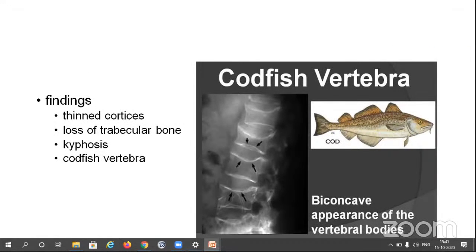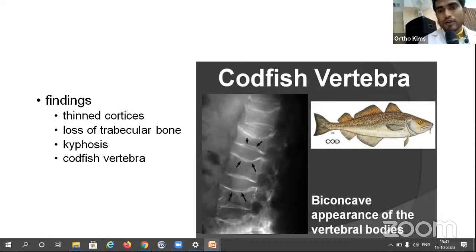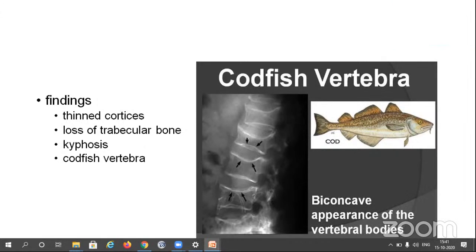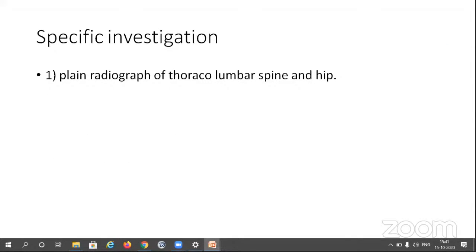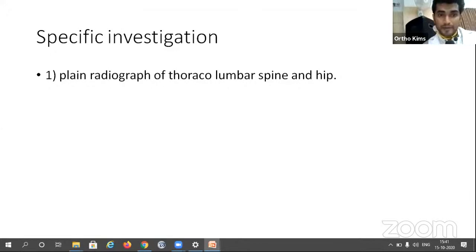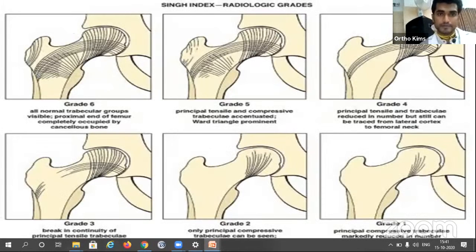Radiological findings in the vertebra: you can see codfish appearance, codfish vertebra, biconcave appearance of the vertebral body, thinned cortices, loss of trabecular bone, kyphosis. Specific investigations include plain radiograph of the thoracolumbar spine and hip.